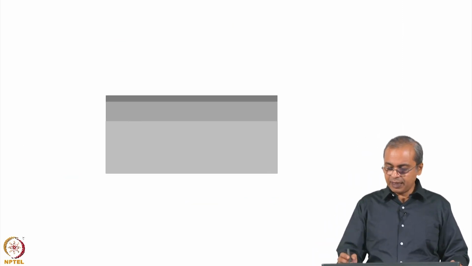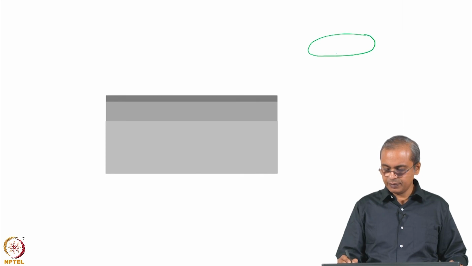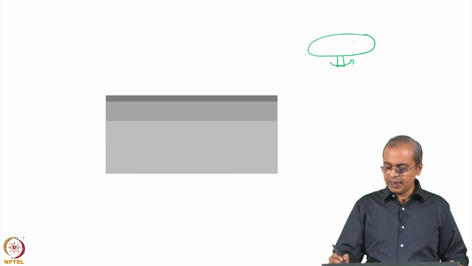So, please remember our orientation: you essentially have the disc which is spinning, and on top of it the pin is put in contact with it, right. So, this is the pin.